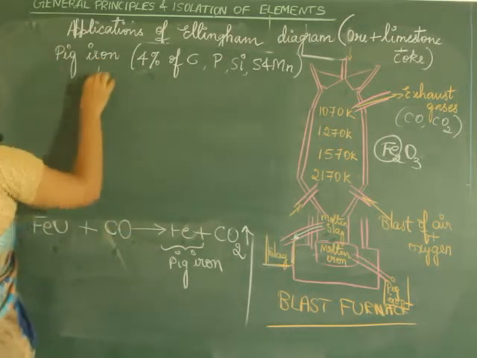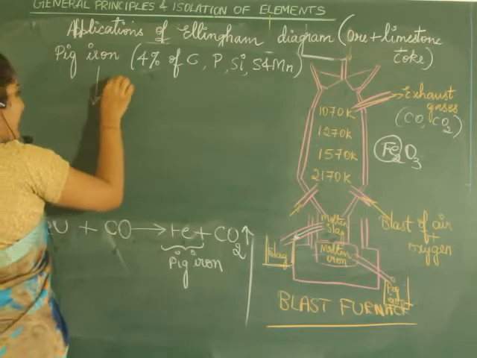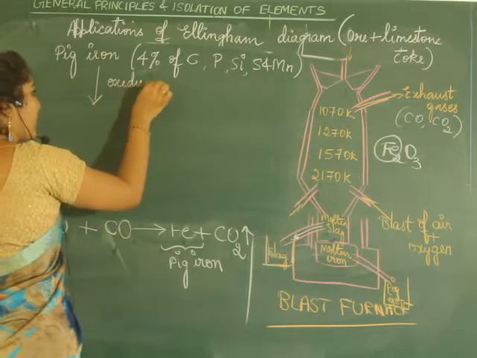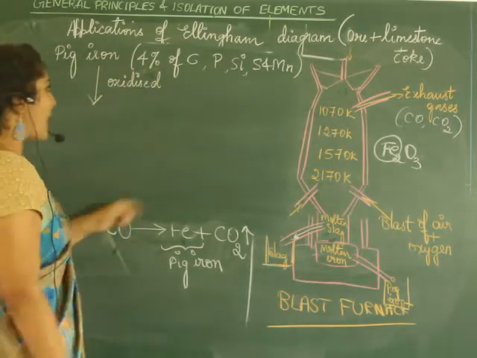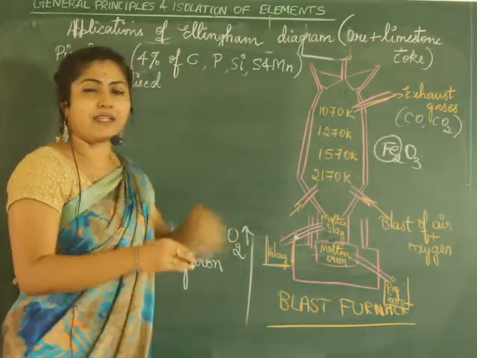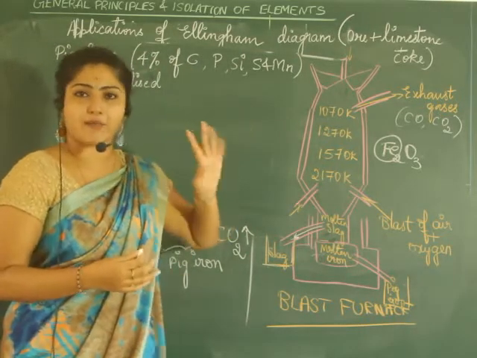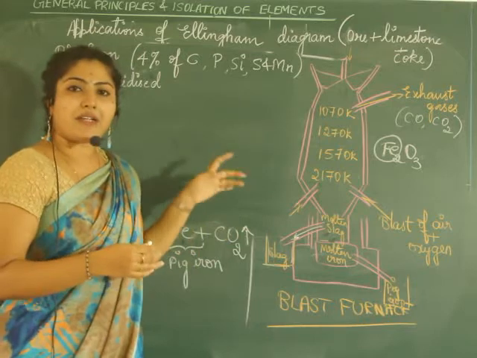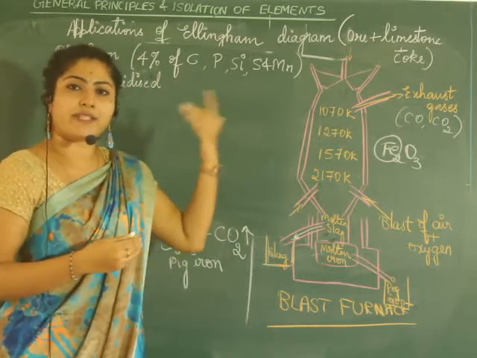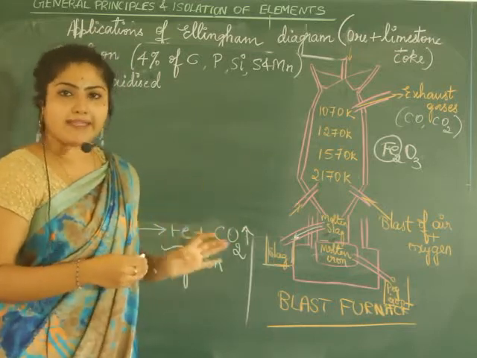So what we do is, pig iron is oxidized. When it is oxidized, what happens? The carbon which is present gets oxidized and it escapes. Say if carbon reacts with oxygen, it forms carbon monoxide or carbon dioxide and it will escape.